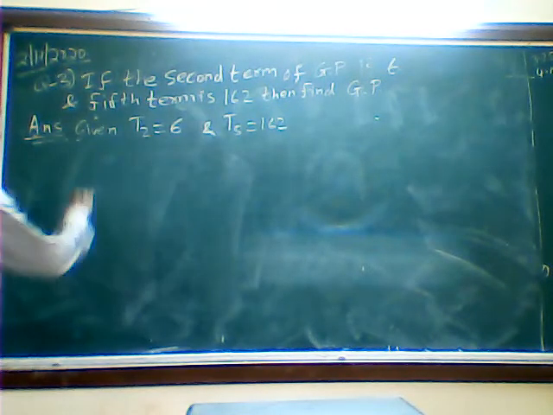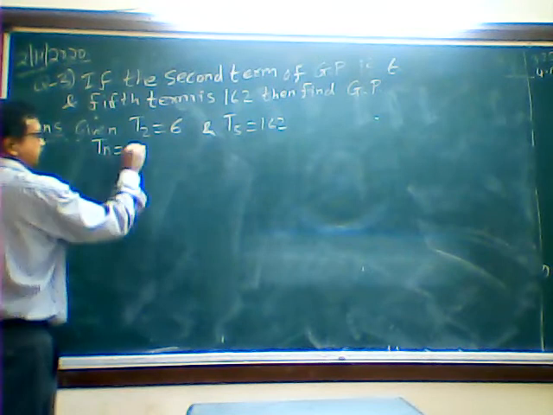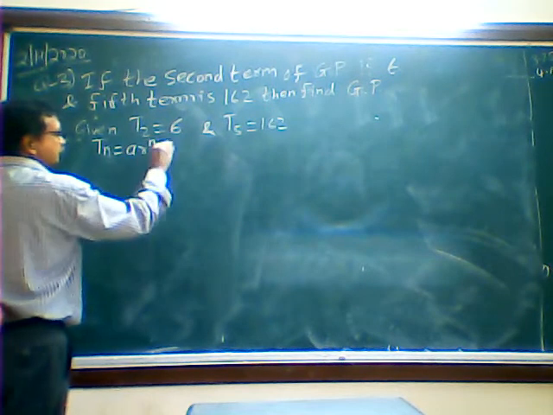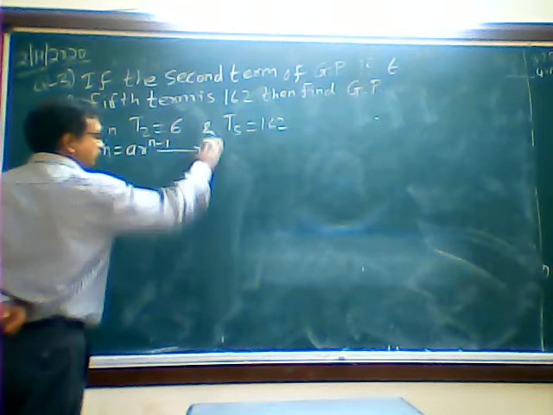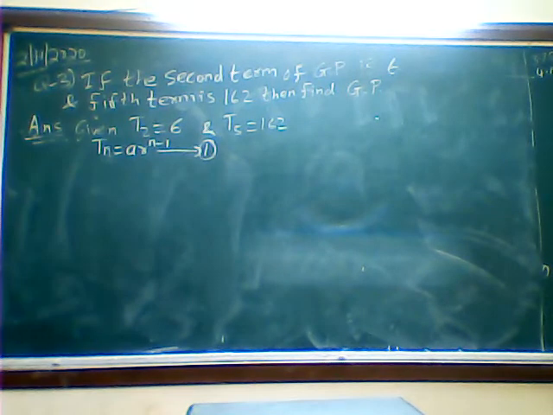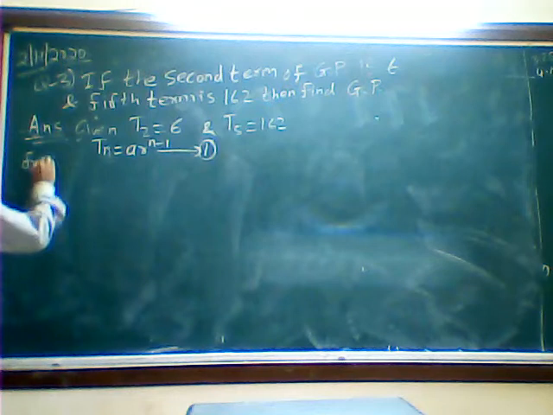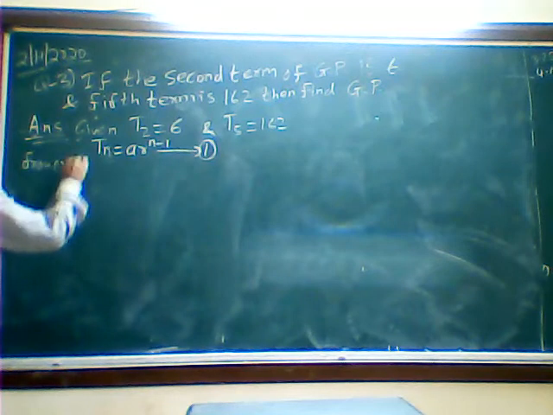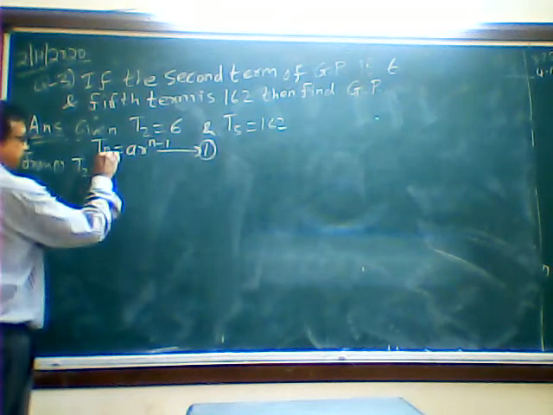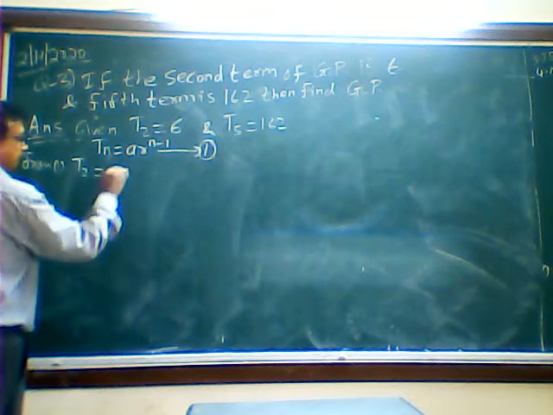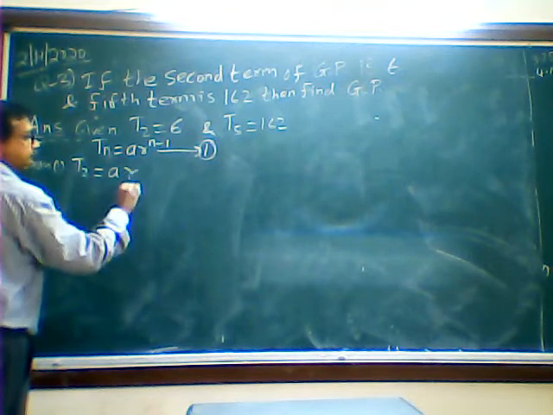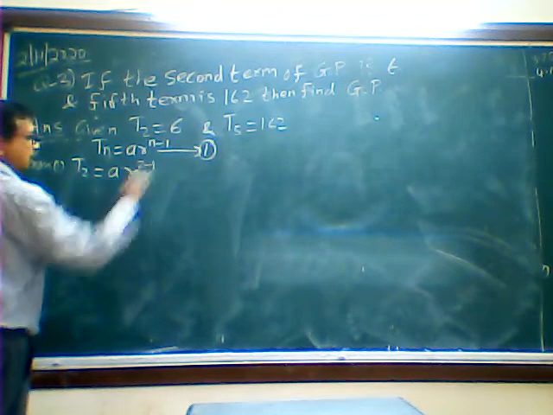So what is the Tn formula here? Tn is A r raised to n minus 1. I'll make this equation 1. Tn is A into r raised to n minus 1. From 1, I will say T2, wherever n is there I put 2. A I don't know, r also I don't know. n is 2 minus 1.